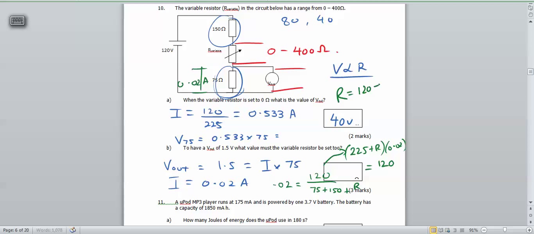So therefore R is equal to 120 minus 0.02 times 225, divided by 0.02.